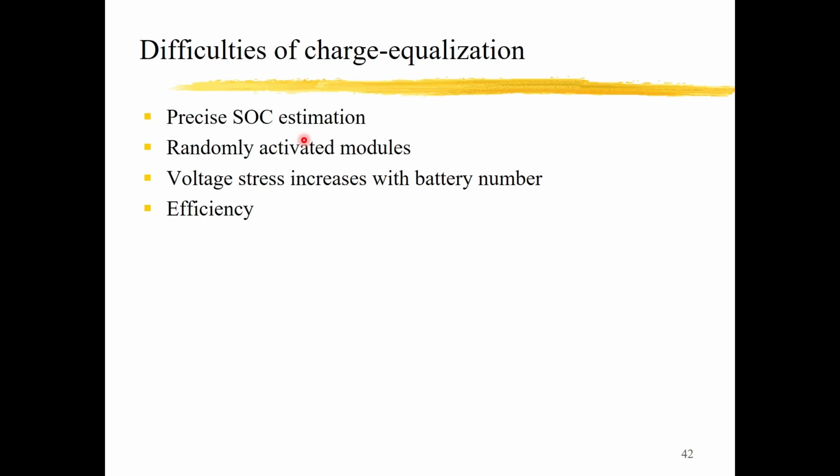Inside the region, even though the SOC is different, the voltage level is almost constant. So it is difficult for us to know the SOC only by the voltage. So for LFP, the SOC estimation will be difficult because voltage is not reliable.